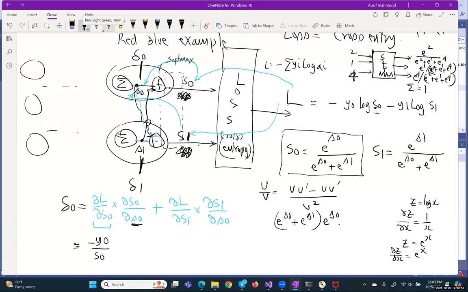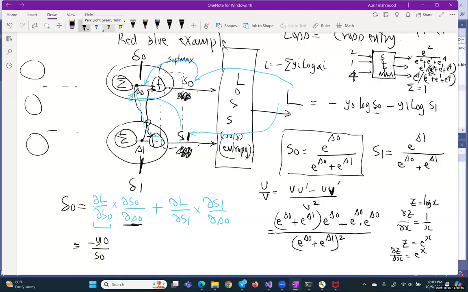Now let's go to the second term over here, U. U is E raised power S0. V prime. V is the bottom part. What are we taking the derivative of the bottom part with respect to? Remember we are doing partial with respect to S0. So E raised power S1 will disappear and the answer will be S0 divided by E raised power S0 plus E raised power S1 squared.